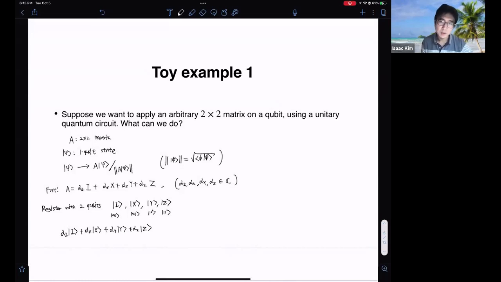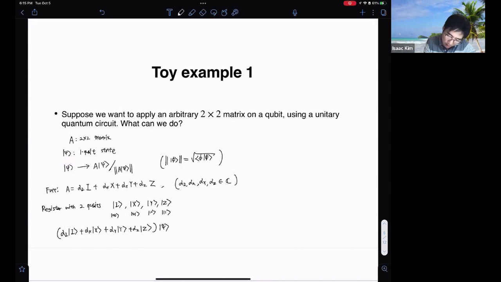I'll be somewhat sloppy about this because at the end of the day, the only correct thing to do is to normalize the final result by the normalization factor. In any case, you begin with this initial state. And remember, we had this state psi here, a general 1-qubit quantum state.